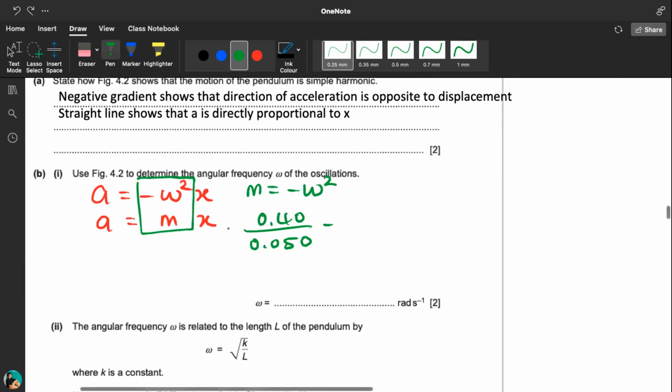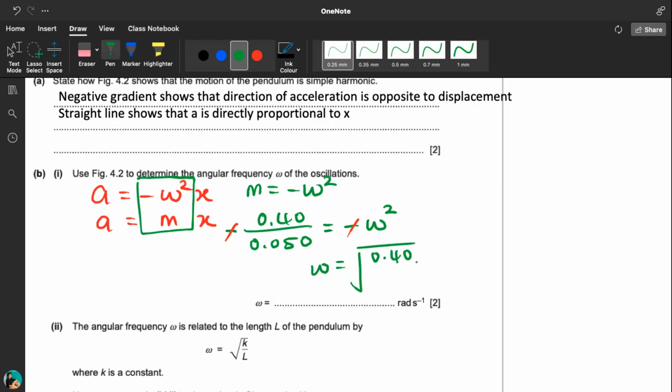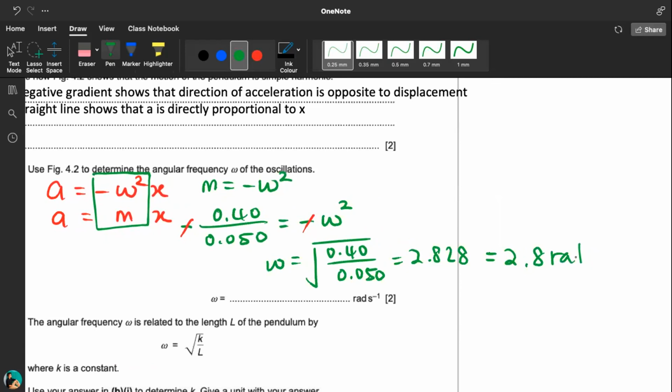So they should have a minus here also. Minus omega squared. Cancel, cancel. Then you have omega equals square root of 2.828, 2.8 radian per second.